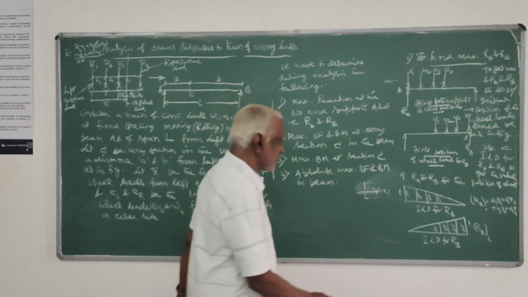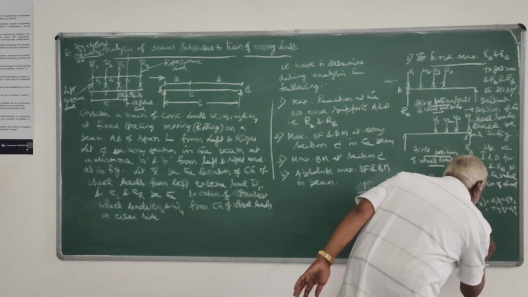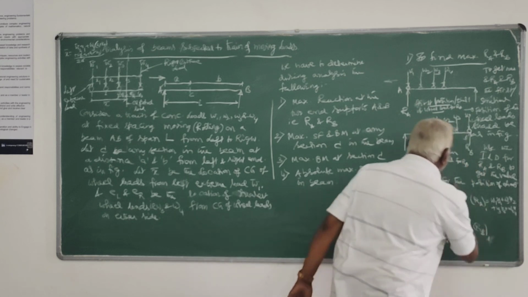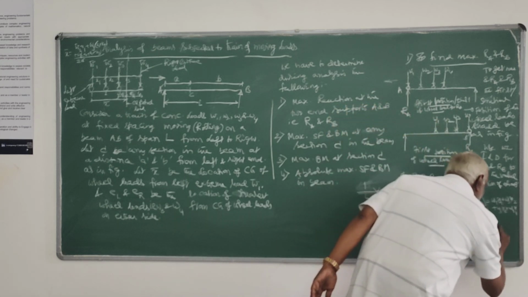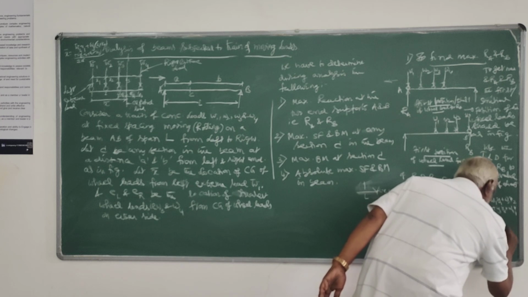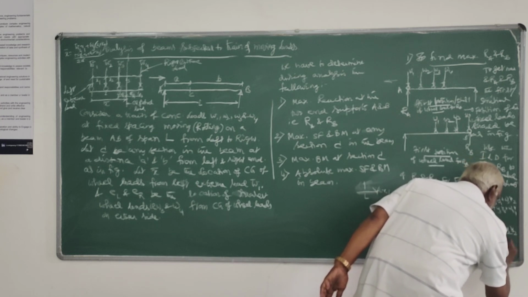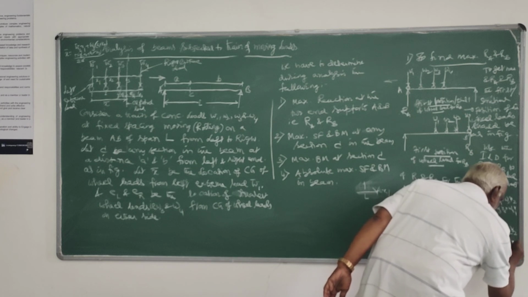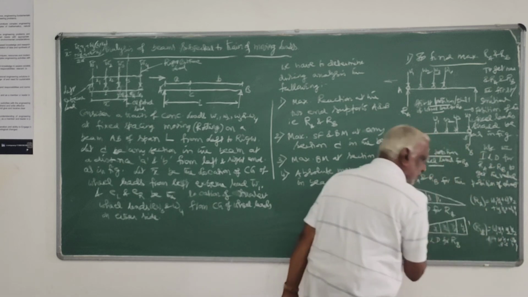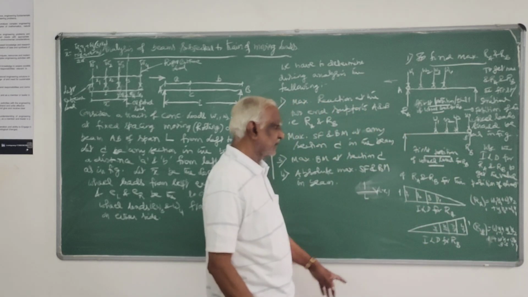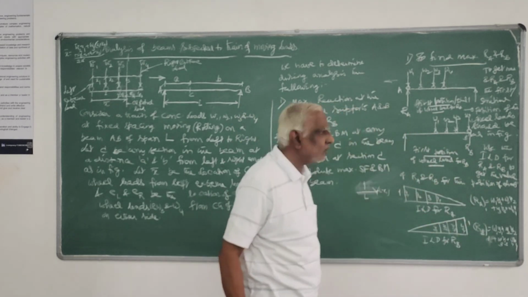RB for the first trial is also W1 Y1 plus W2 Y2 plus W3 Y3 and so on. I am using the same symbols Y1, Y2 and all, but it is for this sketch. So this is what you have to do.